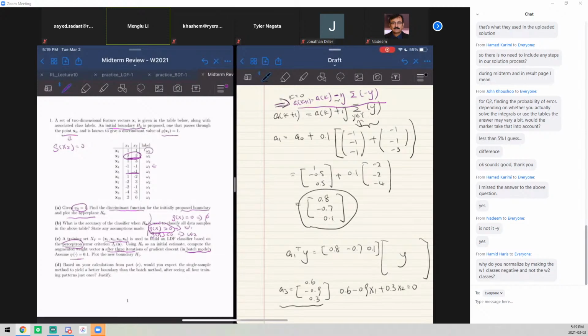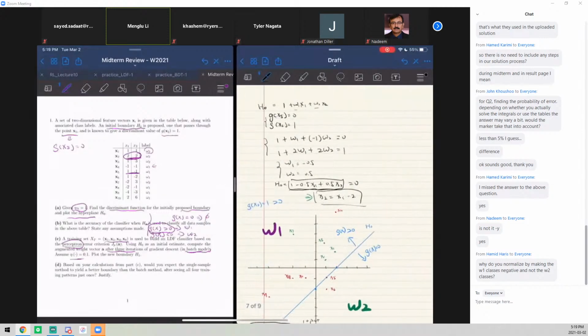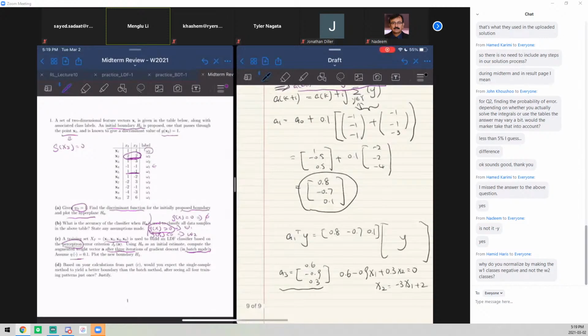Then we get the new boundary as 0.3 x2 equals minus 3x1 plus 2. You can plot the boundary on the graph, because you already have the boundary equation.